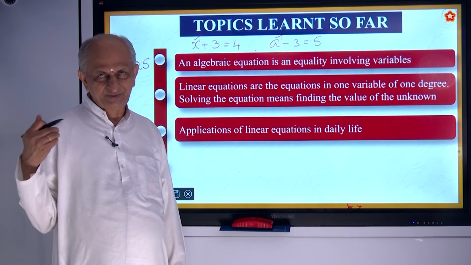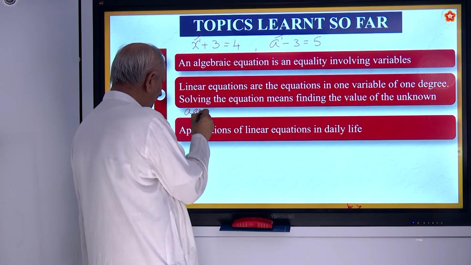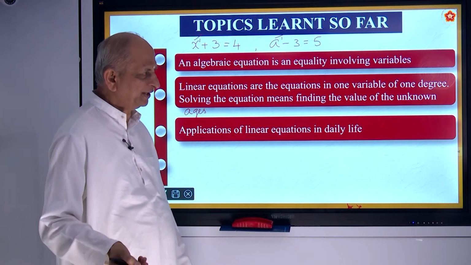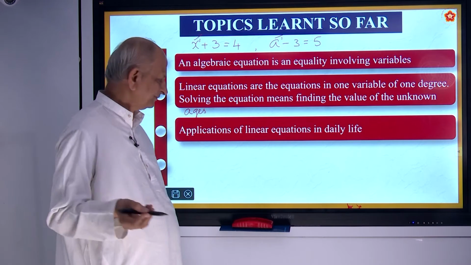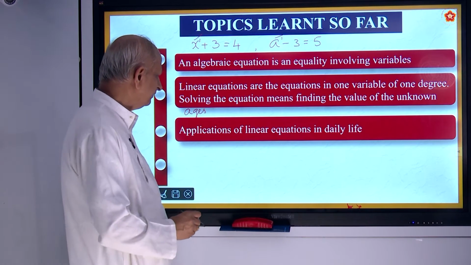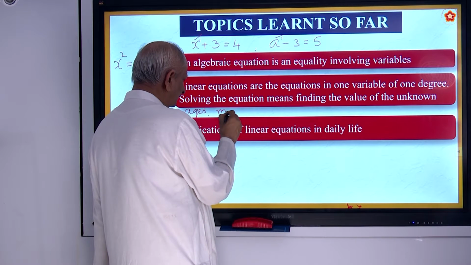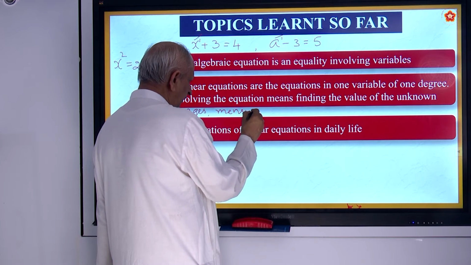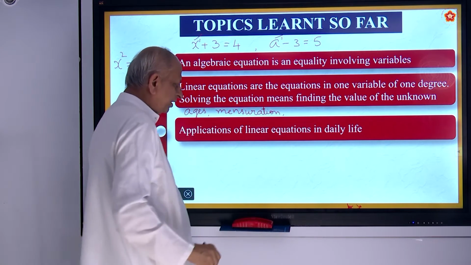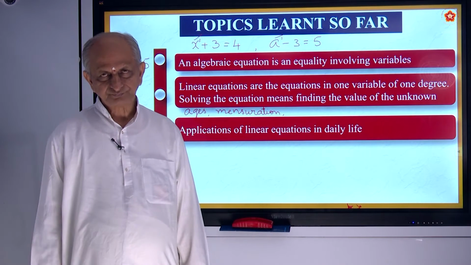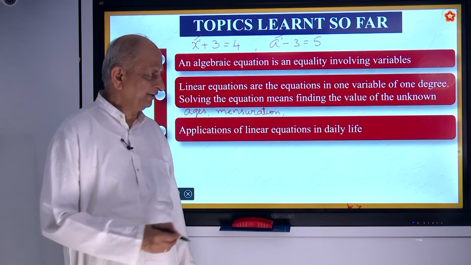And also there are very interesting applications. In the previous class we have seen ages, one of the most important applications: ages of father, son, grandfather, granddaughter, etc. Comparing the ages, linear equations will go a long way. Also in solving mensuration problems like areas, circumference, etc. of plane figures, these linear equations will go a long way.